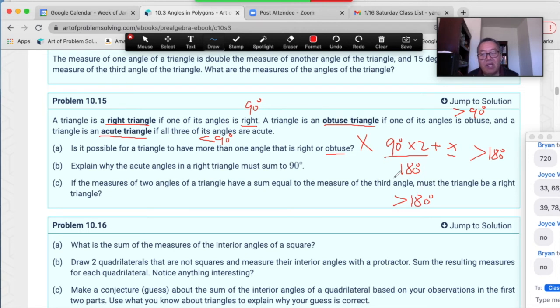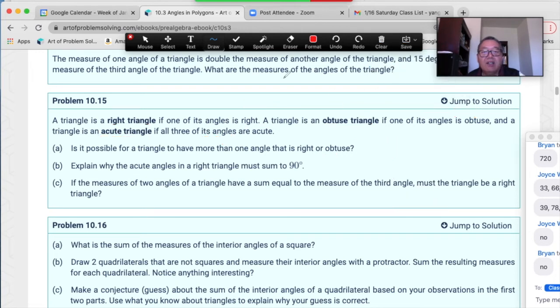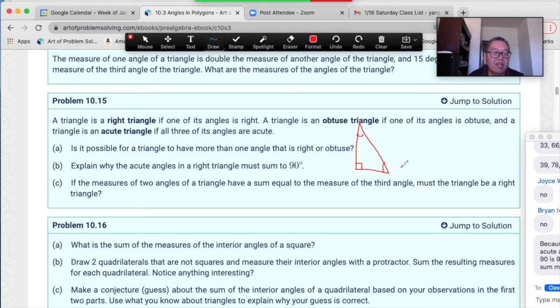B. They ask you to explain why the acute angles in a right triangle must sum to 90 degrees. Okay, so that means in a right triangle, suppose this one is a right triangle, they ask you why this angle plus this angle always equals 90 degrees.